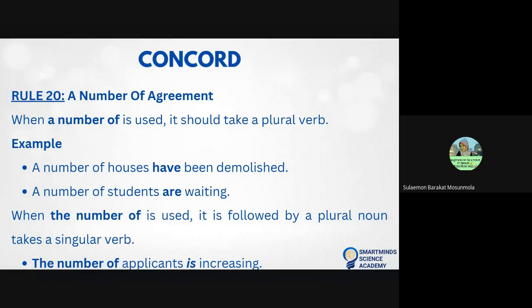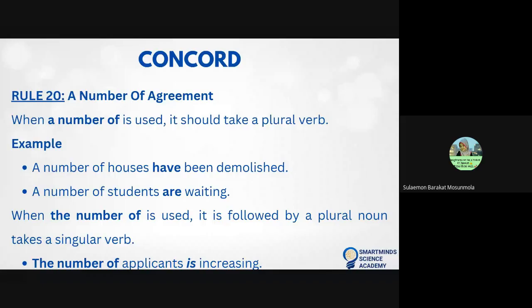But now, what happens in the situation where we have the number of, not a number of, but the number of? When you have the number of, it should be followed by a plural noun and a singular verb. For example, the number of applicants.